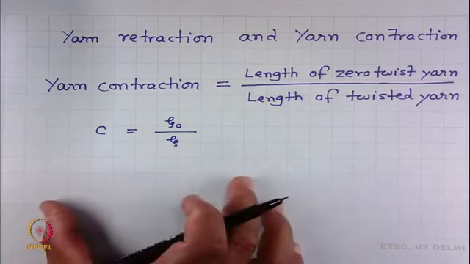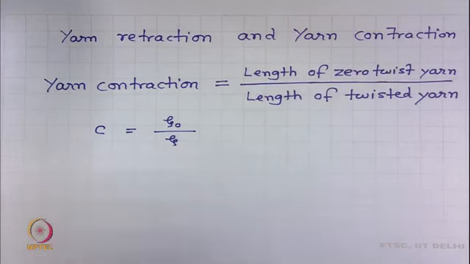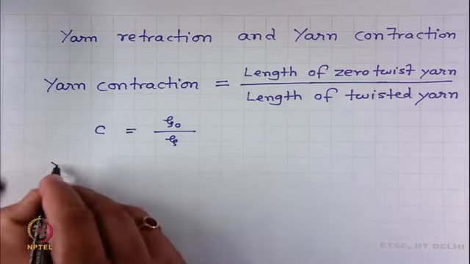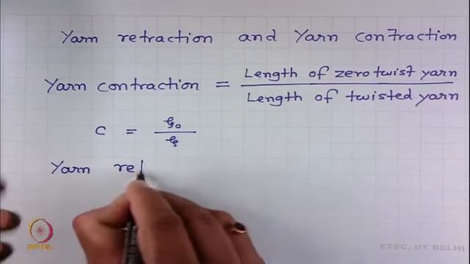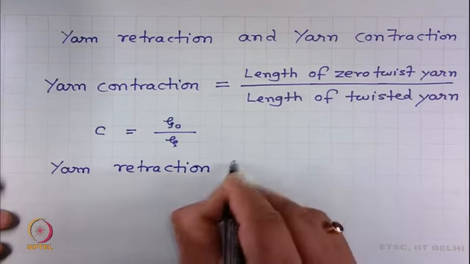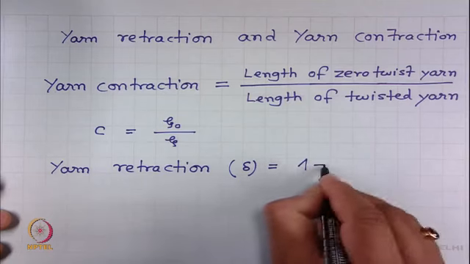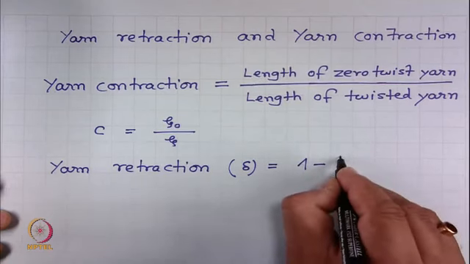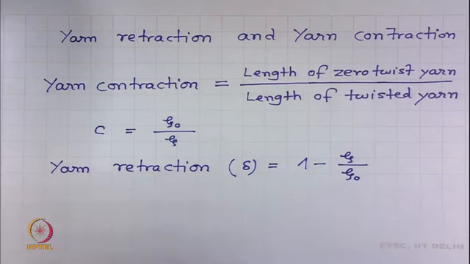As per this definition, yarn contraction C is zeta naught by zeta. And yarn retraction is 1 minus the final length by the original length.